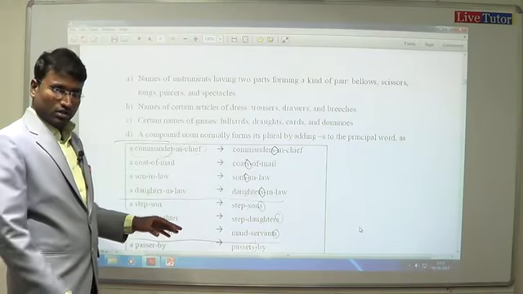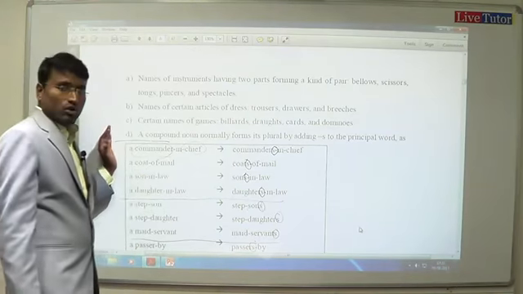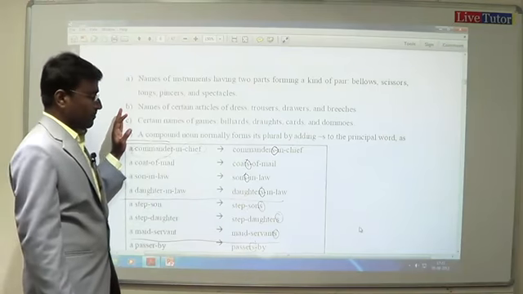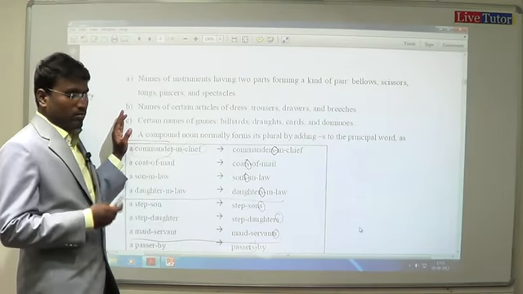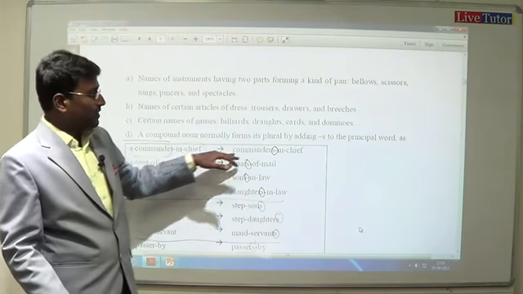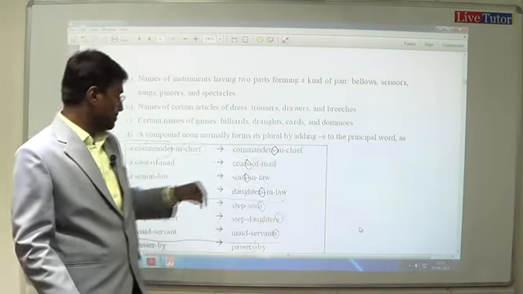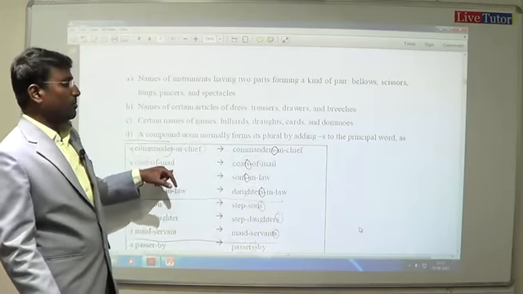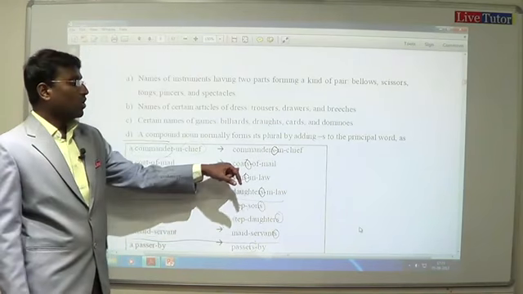This is how the rule was brought by the grammarians. So commander in chief becomes commanders in chief. A coat of mail becomes coats of mail.